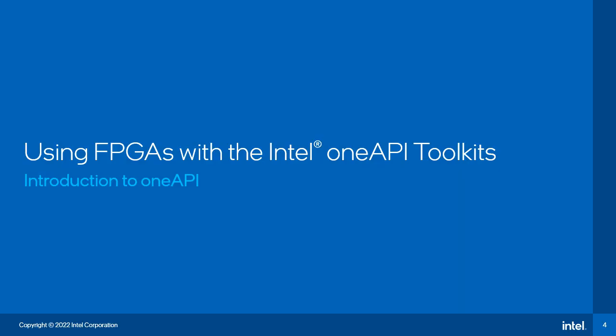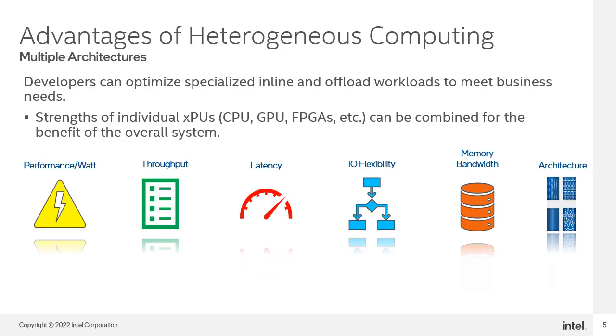Let's now get started with the introduction to the Intel oneAPI product. To fully appreciate the Intel oneAPI product, we first take on the concept of heterogeneous computing. Heterogeneous computing refers to a single system having multiple architectures. It has become a fast-growing trend for achieving optimum performance in diverse workloads.